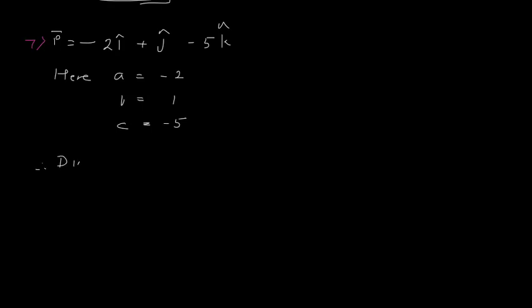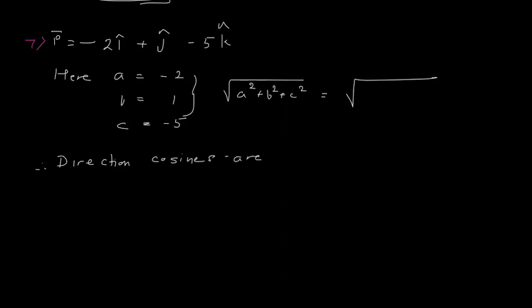Therefore, direction cosines are, before that, after getting these three values, we will find the value of root of a square plus b square plus c square, which gives root of 4 plus 1 plus 25, which is root 30.